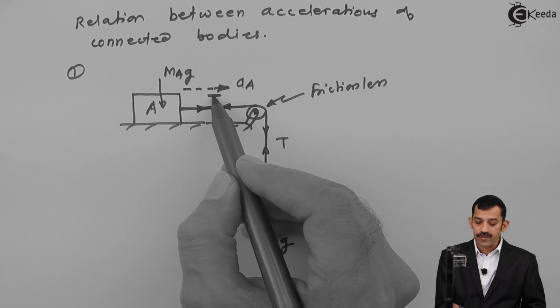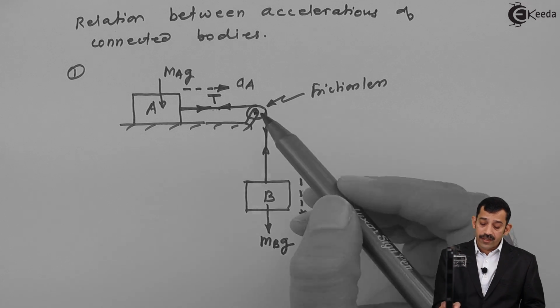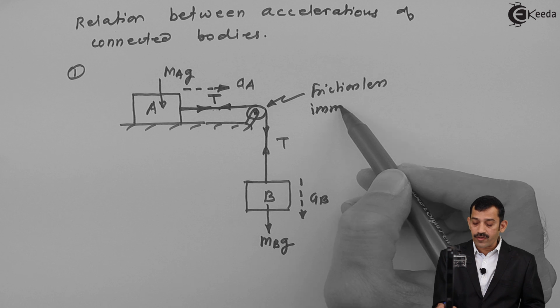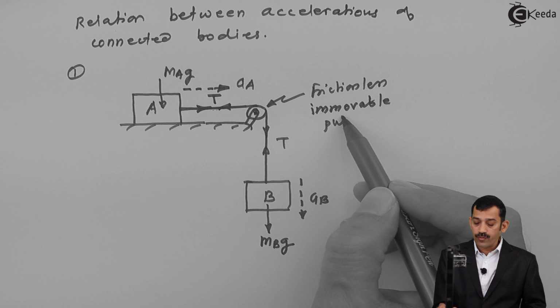Same tension is developed. When your pulley is frictionless on both the side of a pulley, you will get same tension gets transferred on another side of pulley. And center of pulley doesn't move in any direction, therefore such pulley is called as what? Immovable pulley.